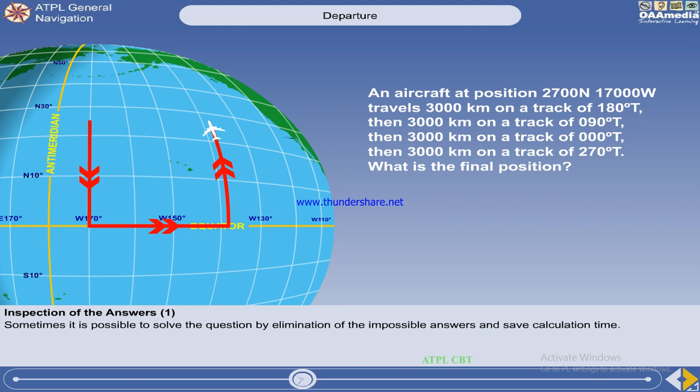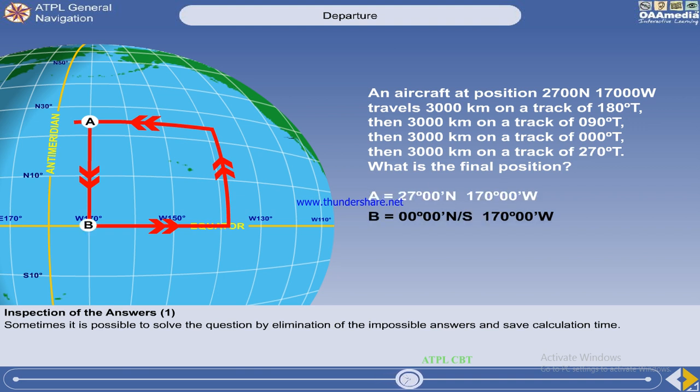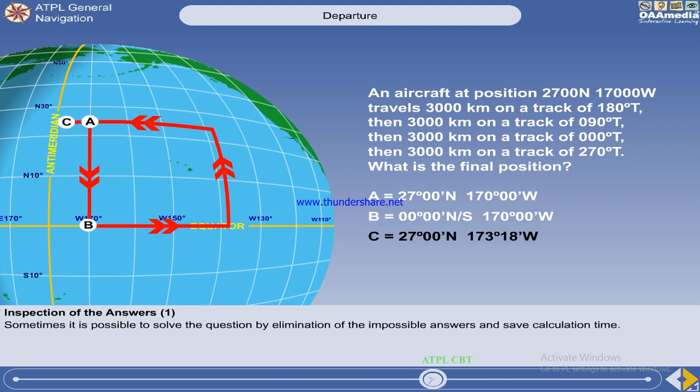Then 3,000 kilometers on a track of 270 true. The options are A. 27 north, 170 west, B. on the equator, C. 27 north, 173 degrees 18 minutes west, or D.